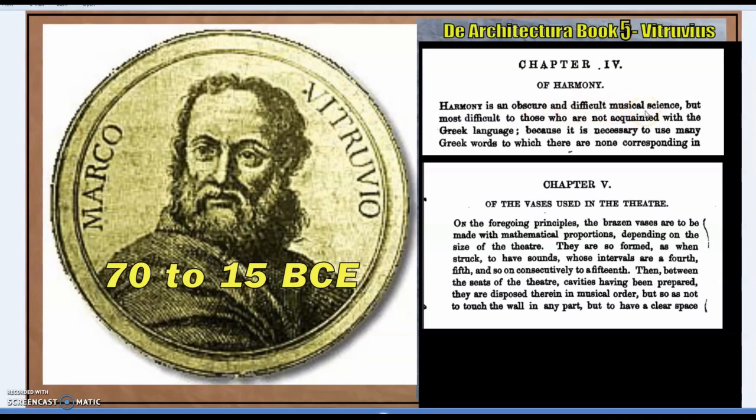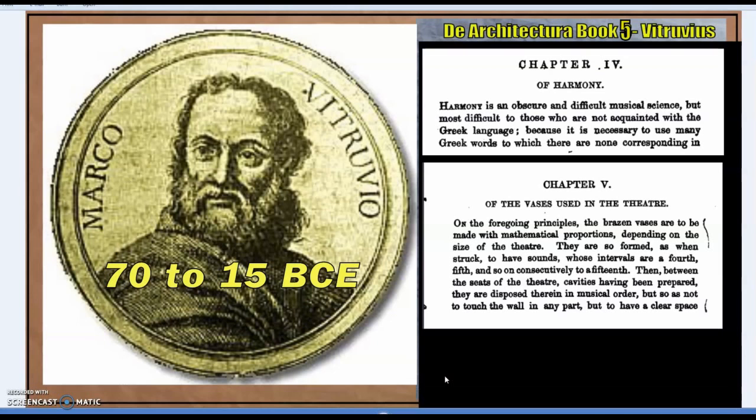There's an old phrase, architecture is music frozen in time, or something along those lines. I'm paraphrasing slightly probably, but if you want to go further, that would be the source, because again he's talking about the fifth and the fourth in musical proportions, that it should be not just in the architecture itself, but even in bronze vases that are used as sort of like bells inside theatres, etc.